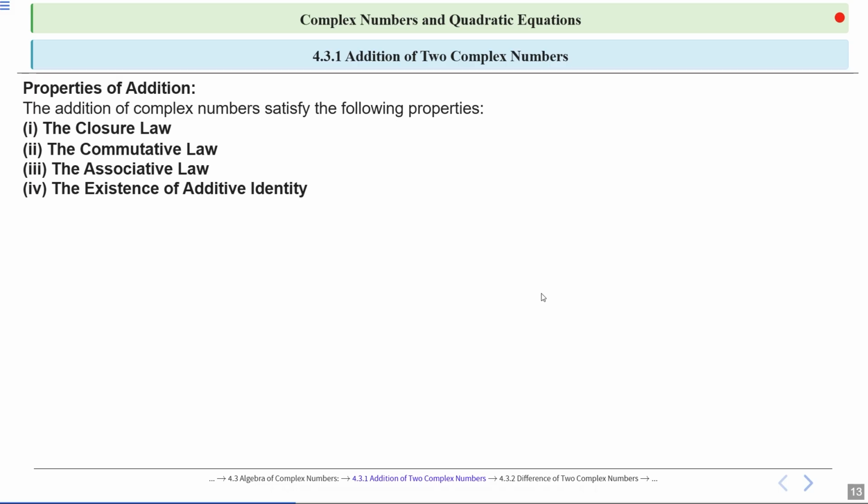Then the next property is existence of an additive identity. This means there is a special complex number called the additive identity, which is 0 plus 0 iota, that doesn't change any complex number when added. Finally, we have the existence of additive inverse.